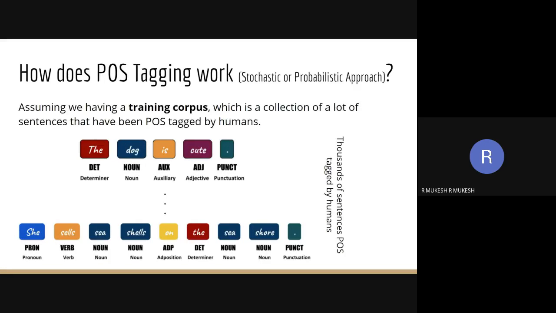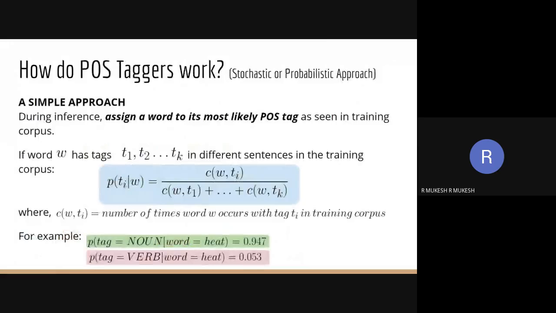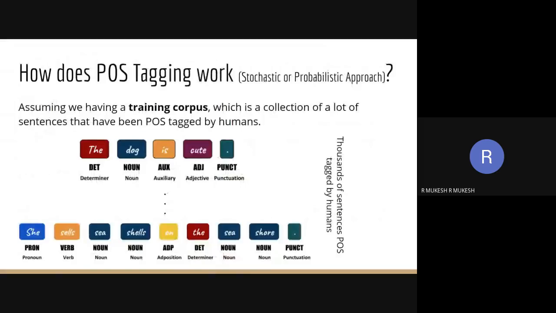A simple approach is that we could just see, in the training data that I have created, what is the parts of speech tag that is most used for that given word. Let's say a new sentence comes in, the sentence is "the cat is cute."